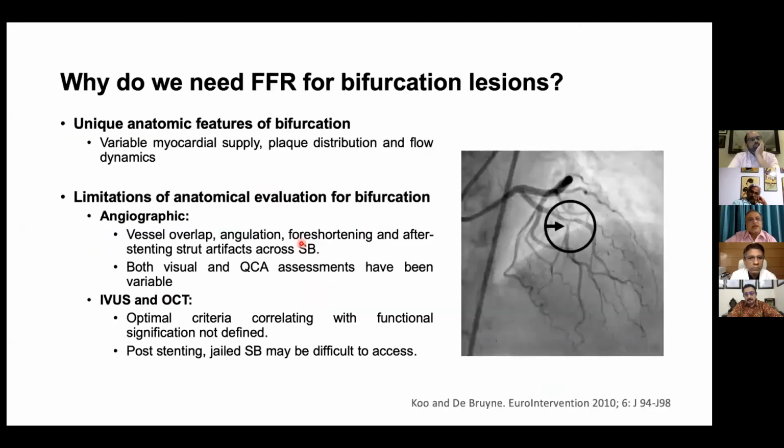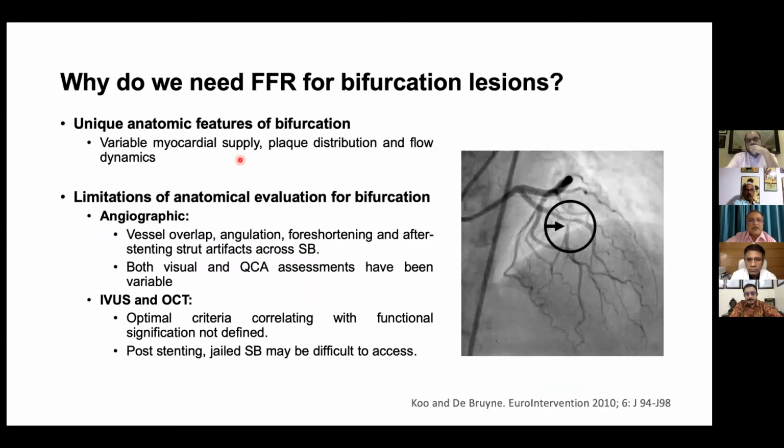So why do we need an FFR for bifurcation? I've already discussed the unique anatomic features. You have a variable myocardial supply, plaque distribution, and flow dynamics. The problem is there are limitations of anatomical evaluation of bifurcation. In angiography, there might be vessel overlap, angulation, foreshortening, and after stenting, the strut artifacts across the side branch may obscure your visualization.